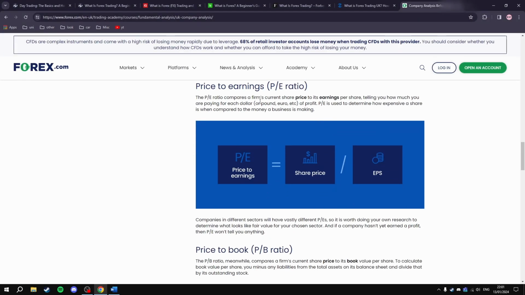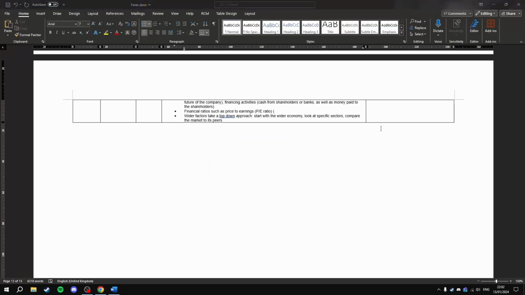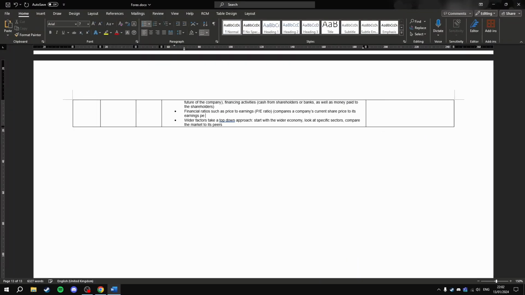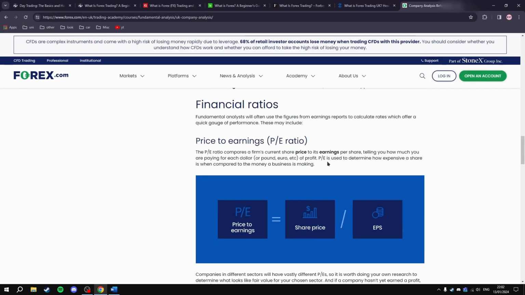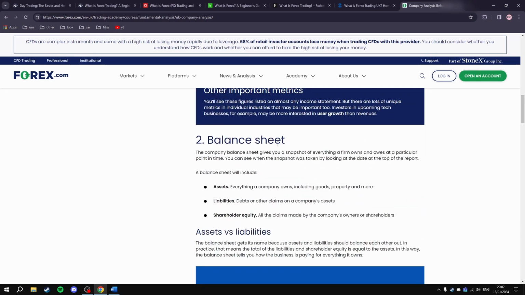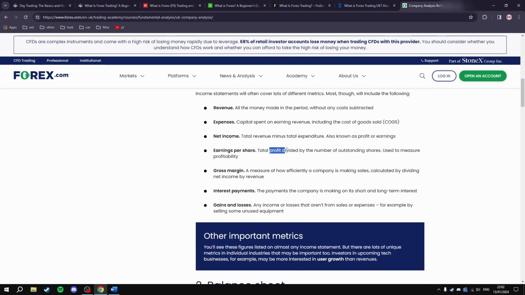which compares a company's current share price to its earnings per share. Earnings per share is total profit divided by the number of outstanding shares.